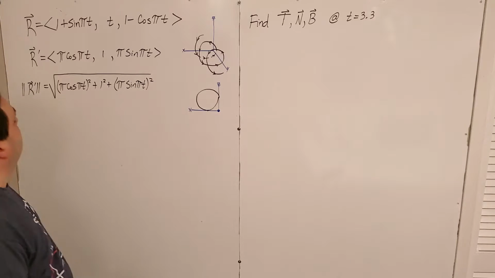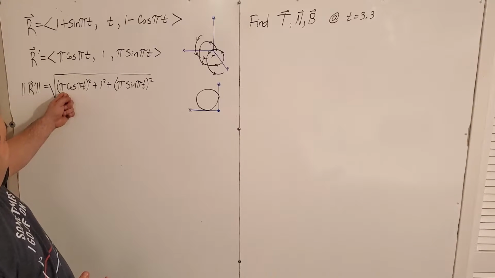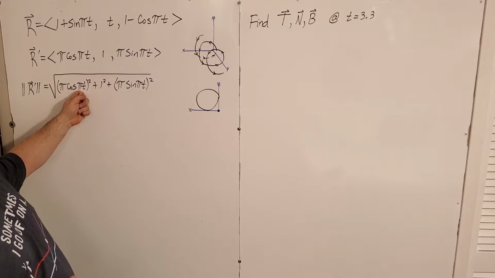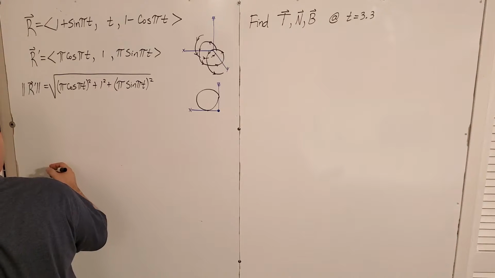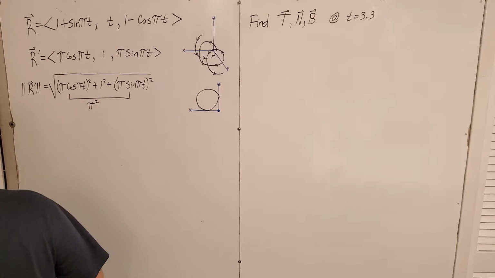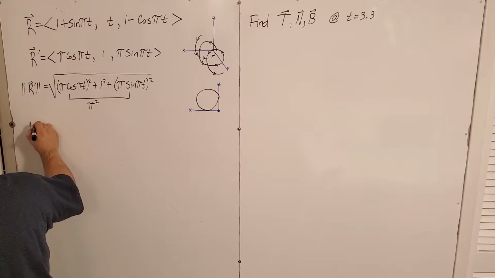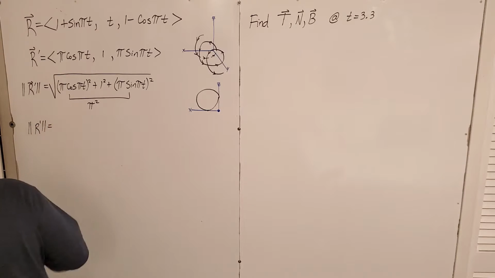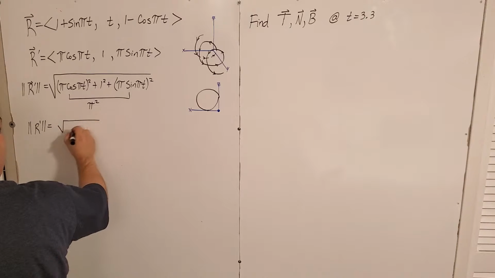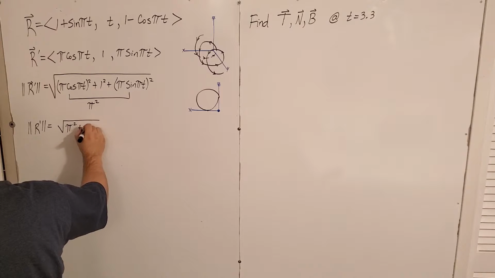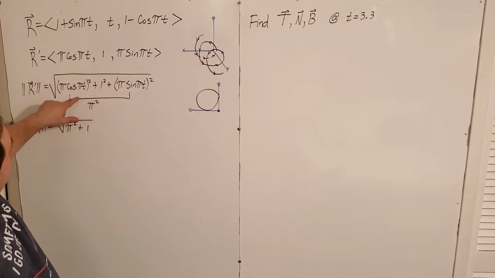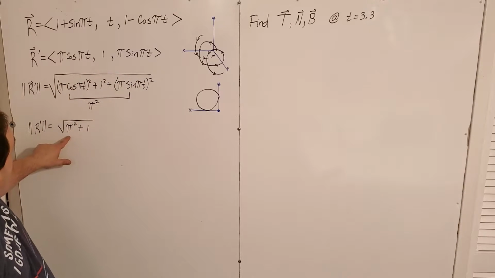Good news for us, we're going to have the same coefficients in front of a cosine squared and a sine squared that have the same argument. So these two pieces right here are going to add together to give me pi squared. Therefore, the length of my tangent vector is just going to be the square root of pi squared plus 1. Cosine squared plus sine squared, but they both have a pi squared in front. And then plus 1.